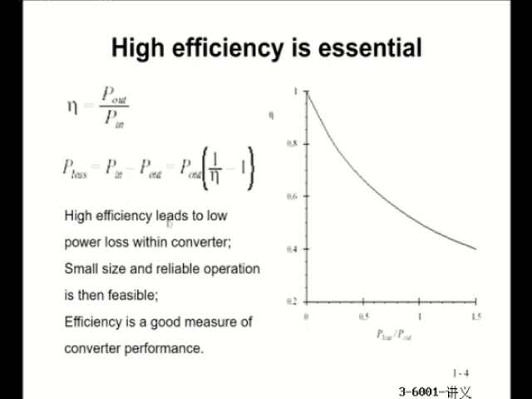Because high efficiency leads to low power loss within the power converter. And when the converter itself does not consume too much electric power, then the converter design, like the volume, weight, and size of the converter, can also be made much smaller.